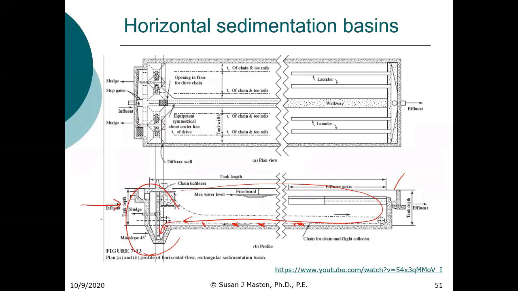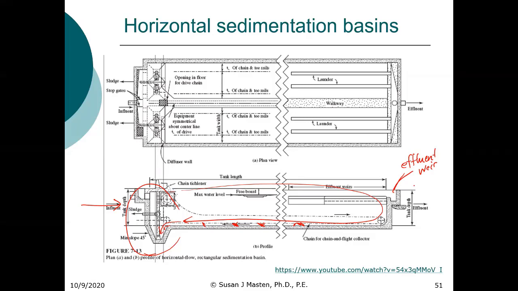Why is the hopper near the inlet? So here's my inlet, here's my effluent weir. This doesn't show the scum trough, but here's my effluent weir.